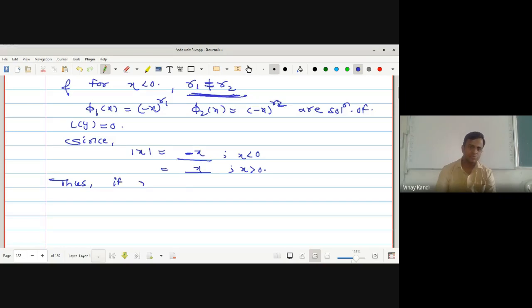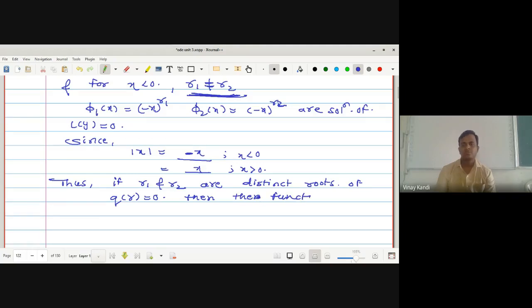Thus if r1 and r2 are distinct roots of q of r is equal to 0, then the function combining the part a and b, what we get? phi 1 of x is equal to mod x bracket raised to r1, phi 2 of x is equal to mod x bracket raised to r2.